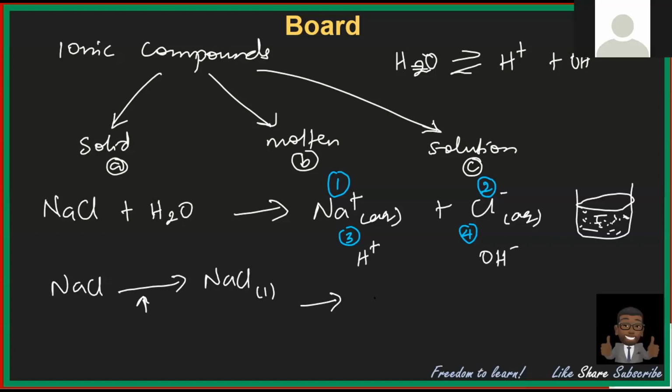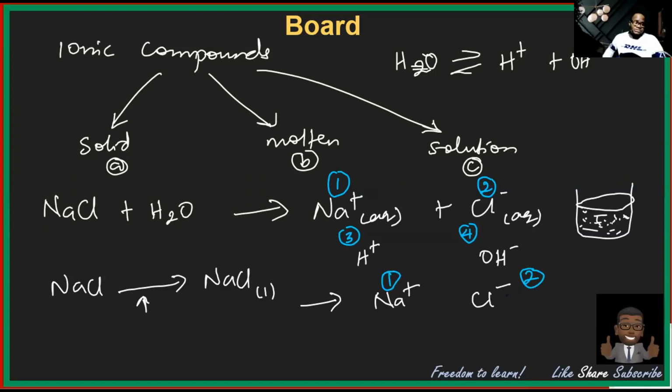Only 2, because there is no water: the sodium ion and the chloride ion. So for electrolysis of a molten compound, we have to contend with reactions between 2 ions. But for electrolysis of an aqueous compound, we have 4 ions that are involved. This foundation is very key to understanding electrolysis. Any questions so far?